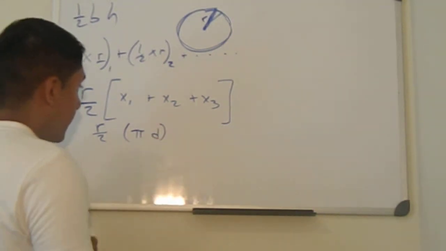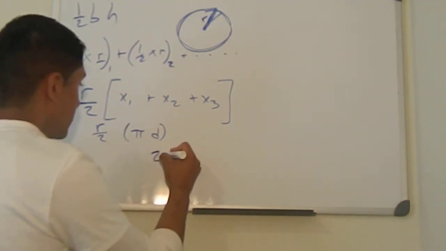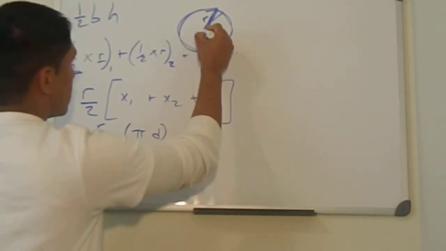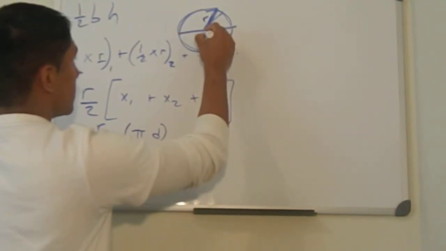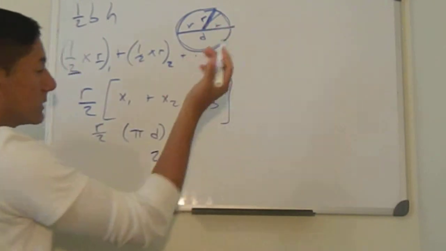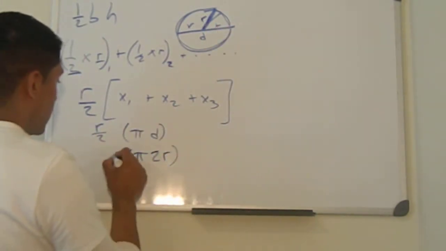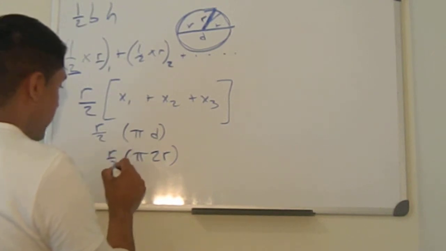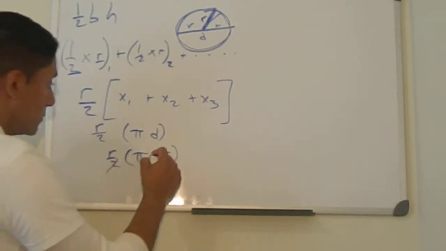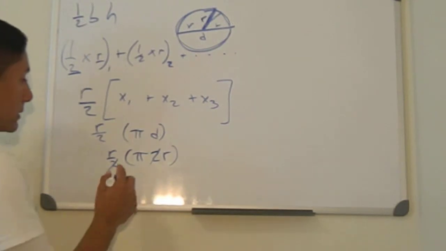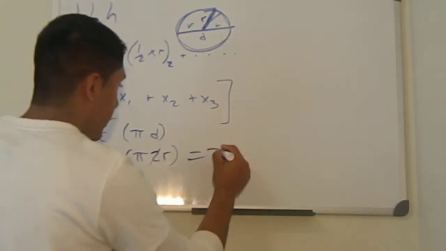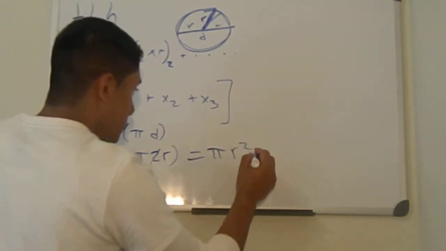And we know that the diameter is 2 times the radius, so 2 times the radius and pi times r is 1/2. The 2 crosses the 1/2 out, multiply this out, we get pi r squared.